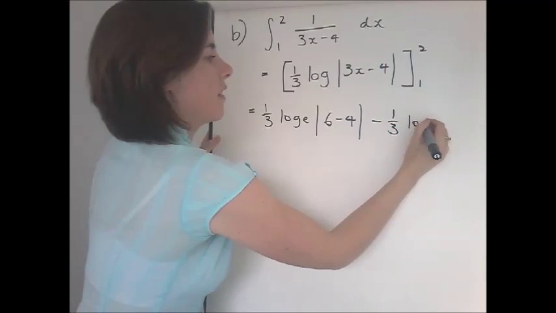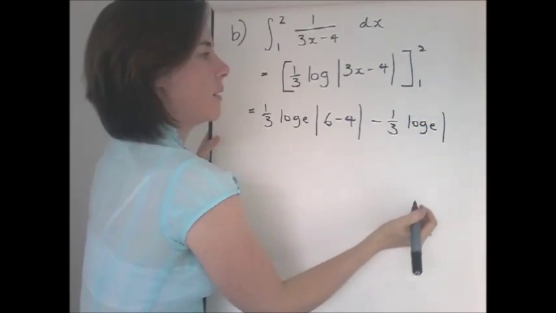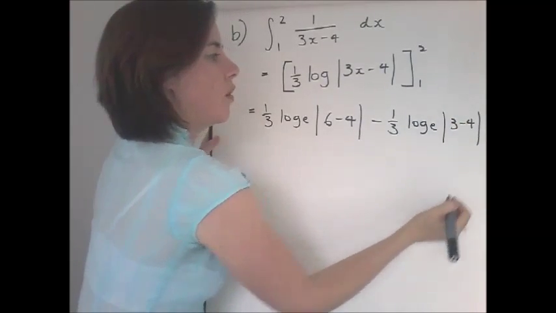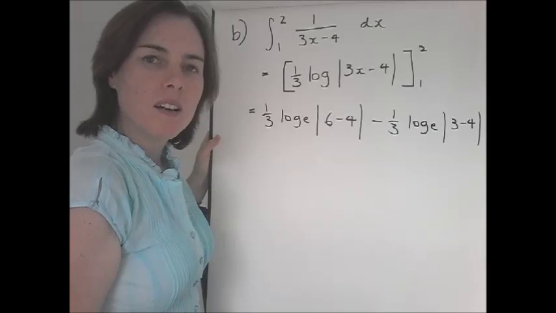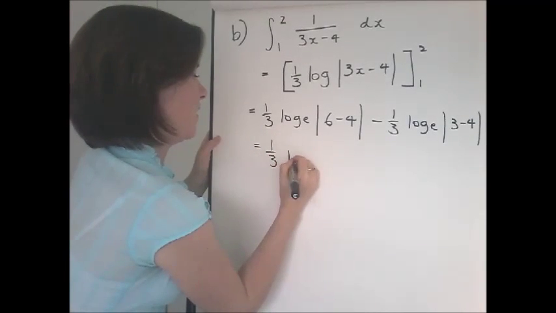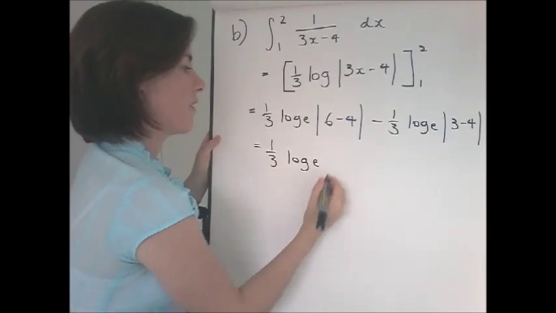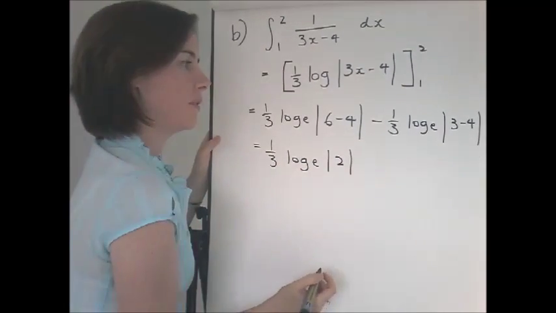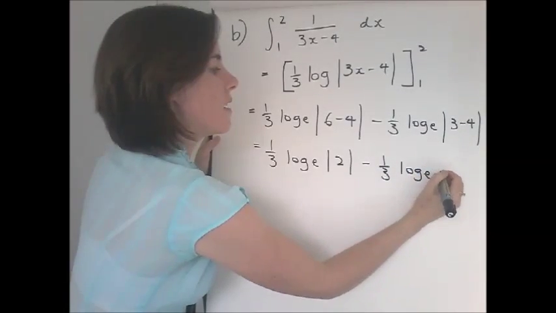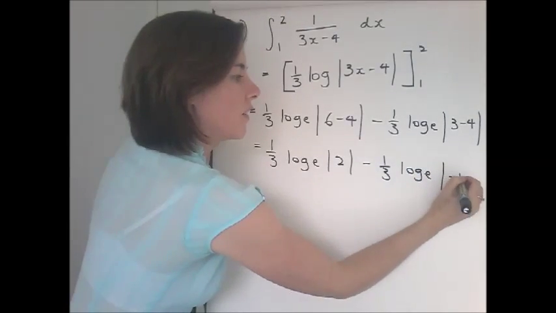A third log base e, absolute value of 3 times 1, take 4. Simplify. That gives us a third log base e of the absolute value of 2 minus a third log base e of the absolute value of -1.